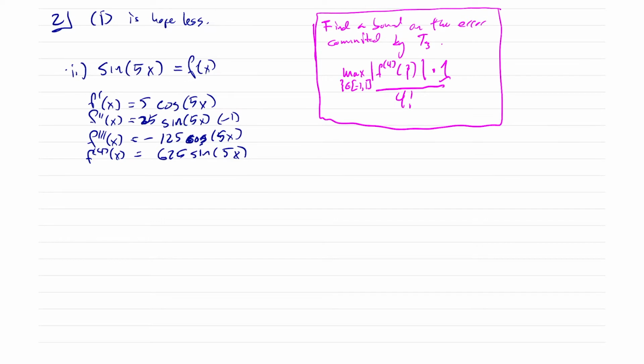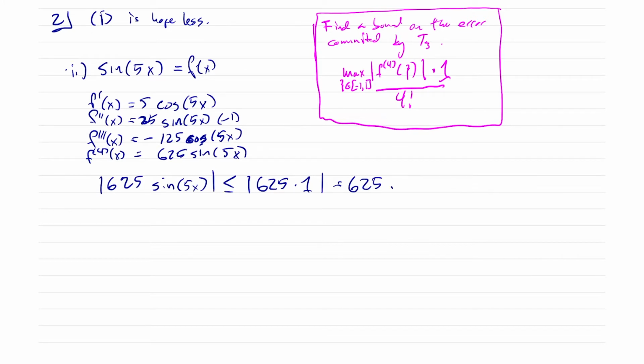So if I take a look at the maximum value of this quantity, we know the absolute value of 625 times sine of 5x has a largest value it can take. On the interval -1 to 1, sine of 5x is going to complete at least one period, so this is less than or equal to 625 times 1, which is 625.